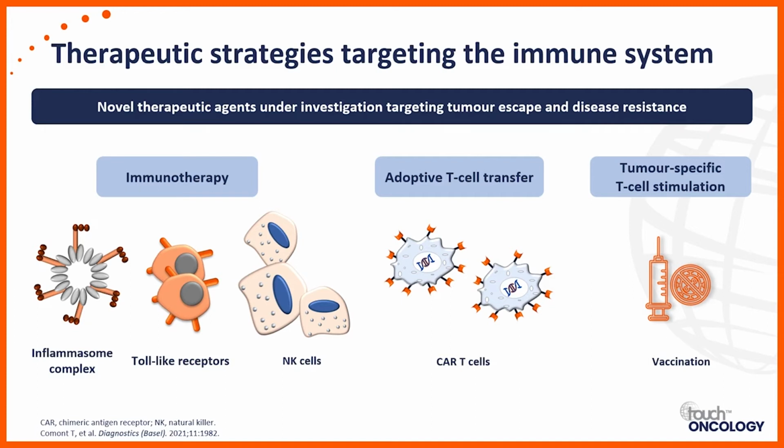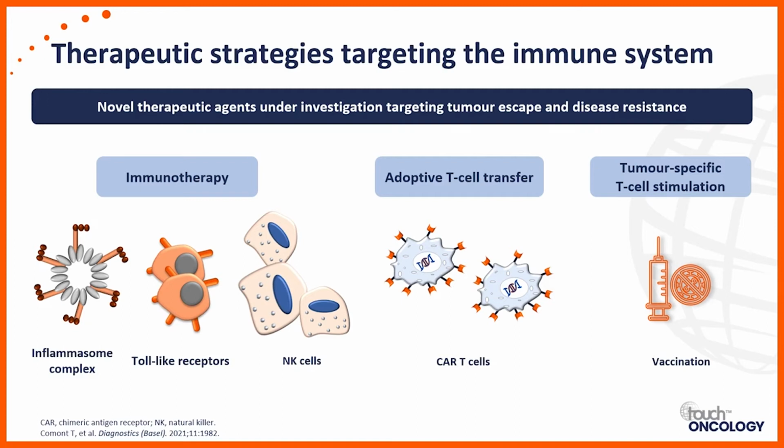CAR T cells have always been, let's say, at the horizon, not yet developed, but indeed there are studies underway to develop adoptive T cell transfer also for myeloid malignancies.